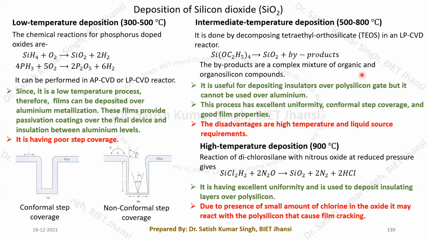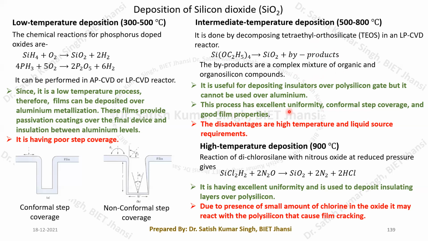Aluminum will start melting, and therefore this intermediate temperature deposition of SiO2 is not possible onto the aluminum layers. If we have aluminum layers already deposited, then we cannot deposit SiO2 over the aluminum by following this intermediate temperature deposition process.